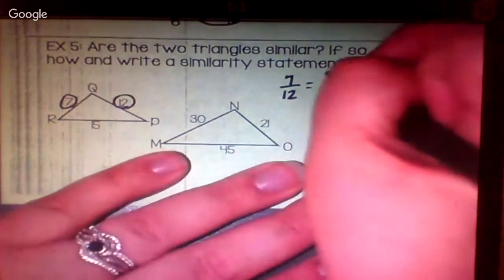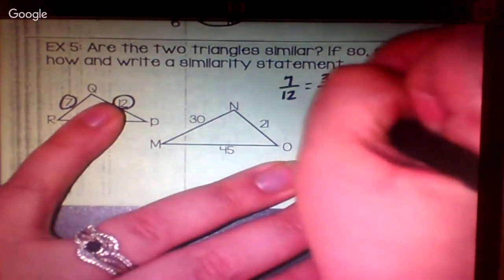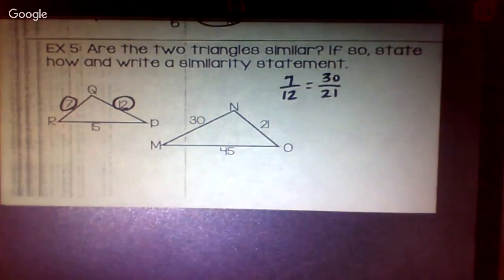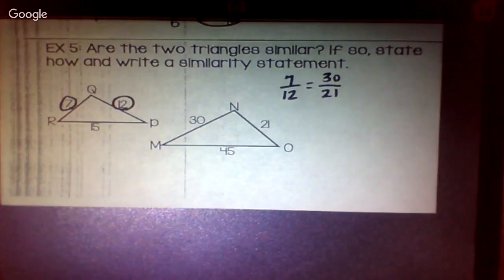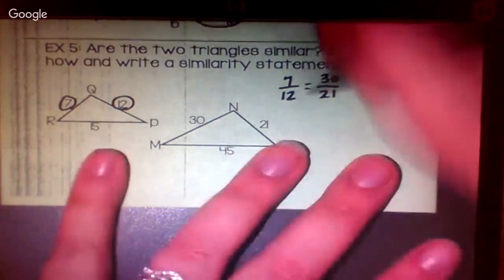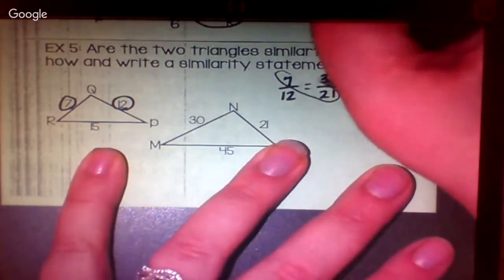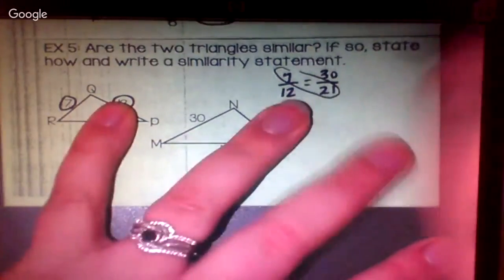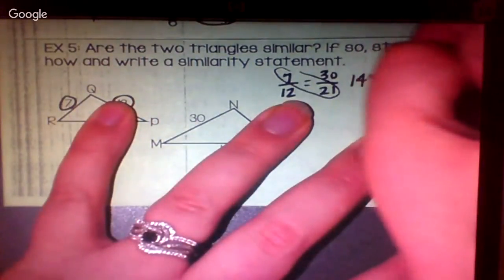Fantastic. 30 over 21. The improper fraction. Okay, it is an improper fraction. They're pulling knowledge that I didn't know they remembered. Look at that. So when I cross multiply this time, what's 7 times 21? 147.